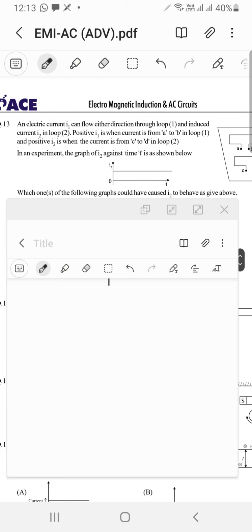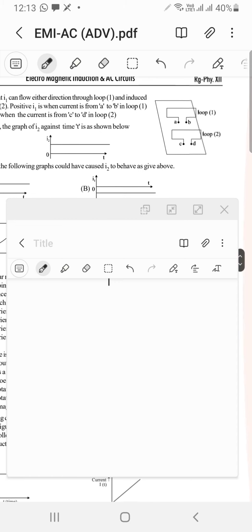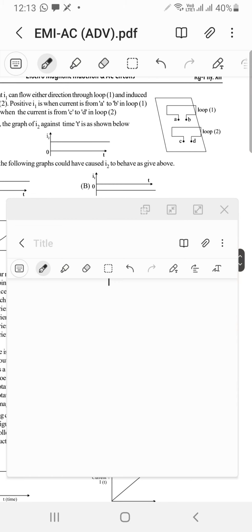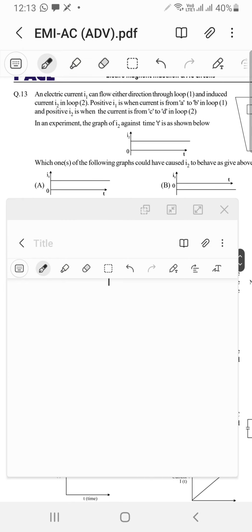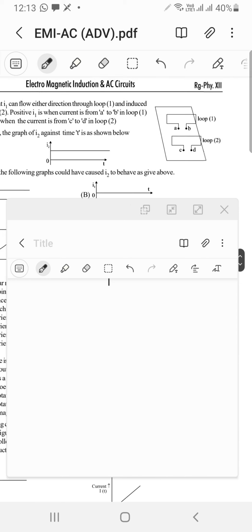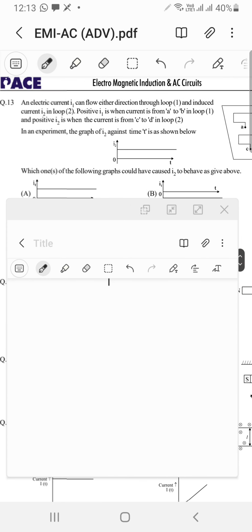Fine. Positive I1 is when current is from A to B in loop 1, and positive I2 is when the current is from C to D in loop 2. Fine. In an experiment, the graph of I2 against time t is shown. So I2 stays constant. Which of the following graphs would have caused I2 to be like this?